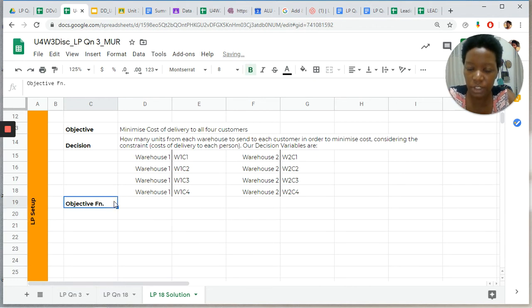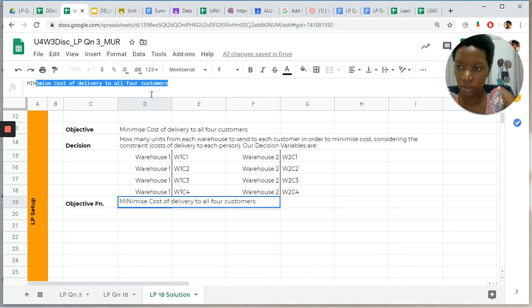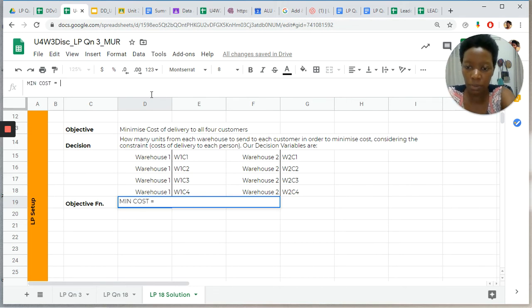For our objective function, remember it's a combination of our objective and our decision, and our decisions will be based around these variables, and what we're trying to do is minimize cost. So my minimized cost, my min cost, would be equal to some combination of all of my variables that includes the costs of each variable.